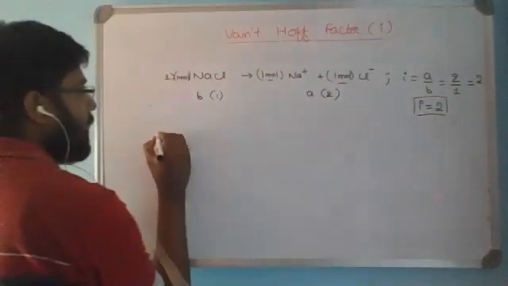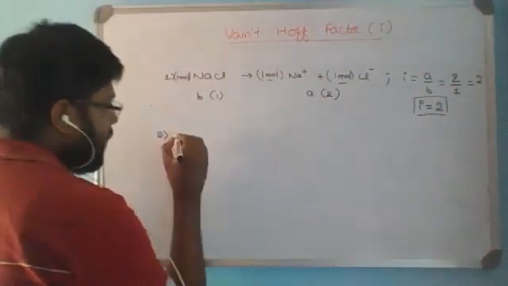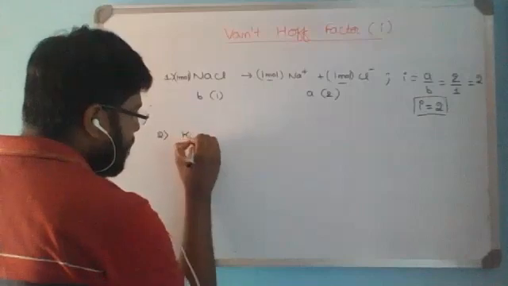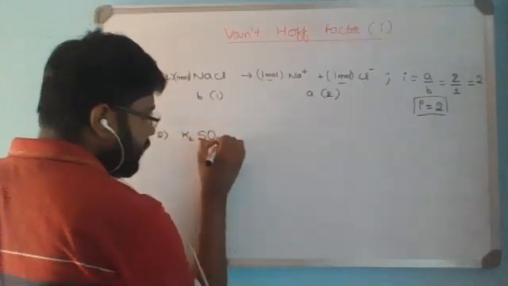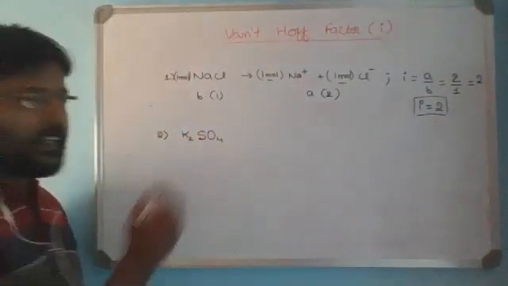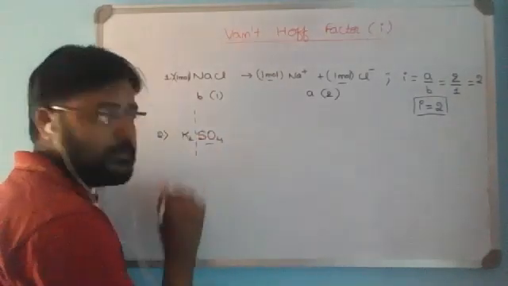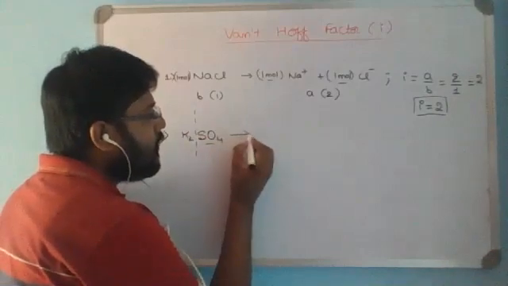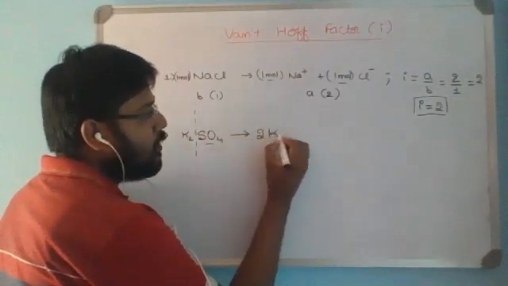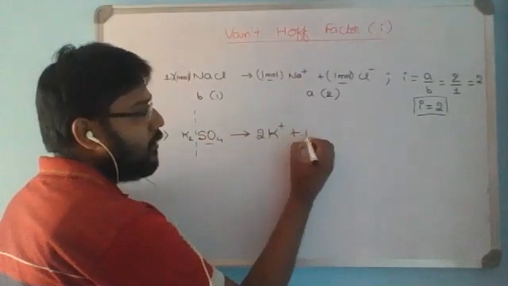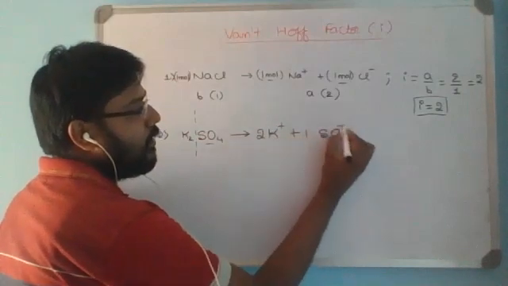We'll take a second example, potassium sulfate, K2SO4. Dissociate it into respective ions. As we know, sulfate is a simple ion, and potassium is a simple ion. The dissociation of this will give 2 moles of potassium ion plus 1 mole of sulfate ion.